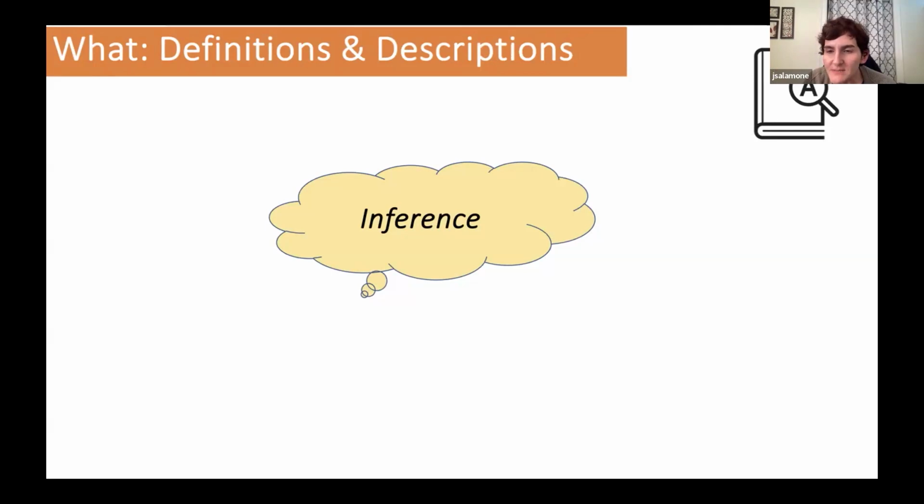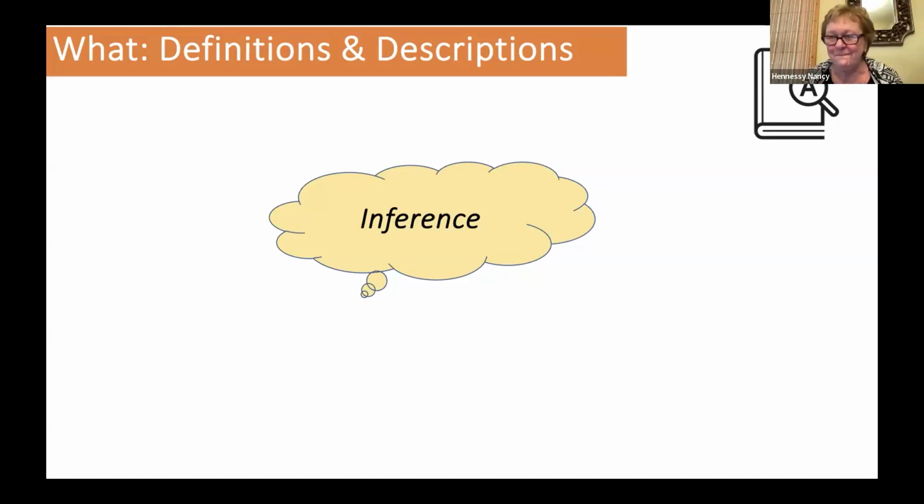Implying meaning from what is provided, conclusion based on evidence, conclusion reached using background knowledge. I teach my students that text plus brain equals infer. I like that. That's great, an idea based on evidence. Inference is using knowledge of pragmatics, figurative language, as well as background knowledge.